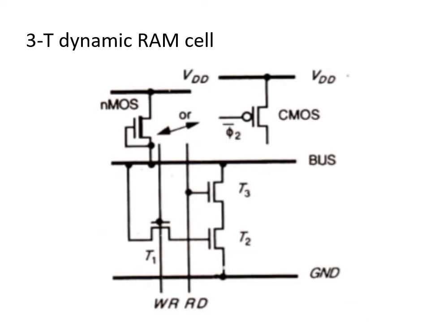So here you should make a note that if 1 is stored as gate capacitance in the transistor, during read operation 0 is read. Suppose 0 is stored, then during read operation 1 is read. So here you need to know that the output read through the bus is always complementary. That is, if 1 is stored, 0 is read, and if 0 is stored, then 1 is read.